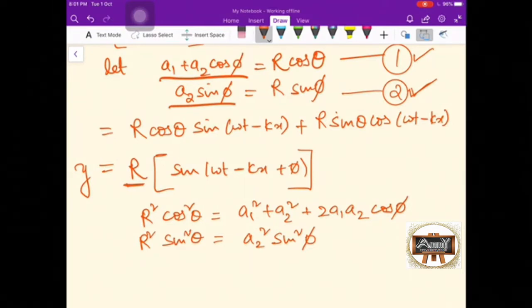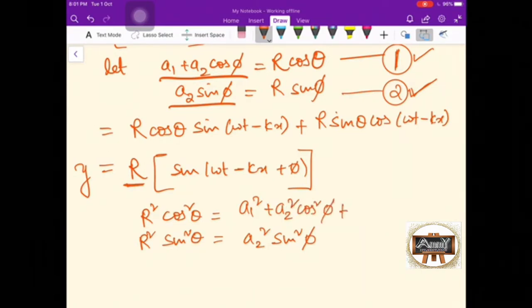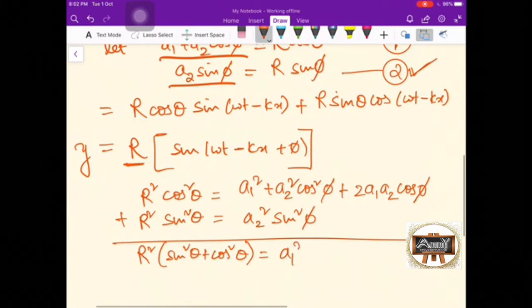Now here I have made a slight mistake. Let me erase this. Here I was squaring equation 1. If I square it, I get A1 square plus A2 square cos square phi plus 2 A1 A2 cos phi. This is according to the formula of (a plus b) whole square. Now I am adding: r square times (sin square theta plus cos square theta) on my left hand side, and on the right hand side I have A1 square.